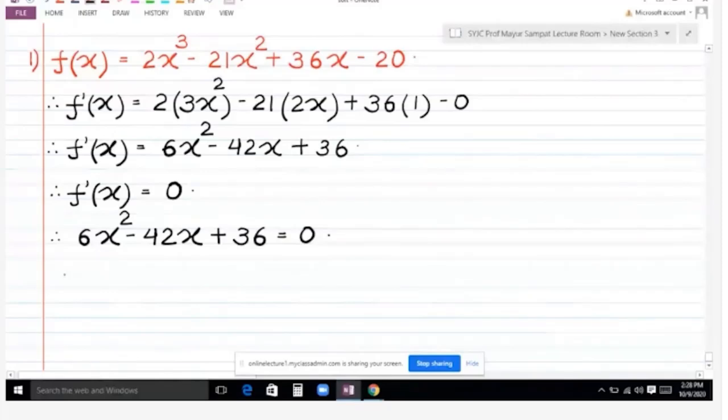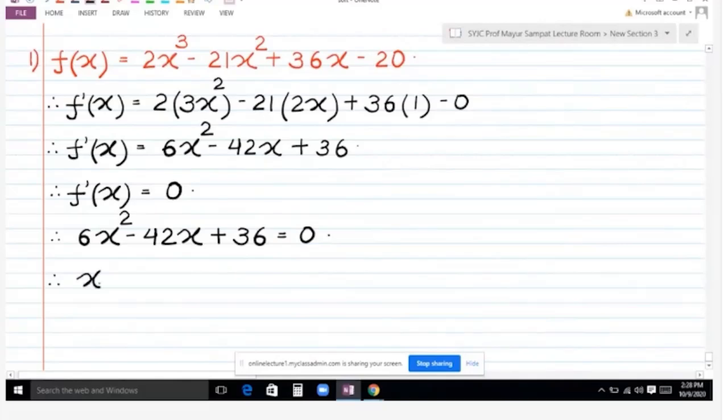So by देख लो, the given equation it is a quadratic equation, और ये quadratic equation को और थोड़ा सा सिंपल बनाया जा सकता है by dividing both the sides by 6. X square minus 7x plus 6 is equal to 0.